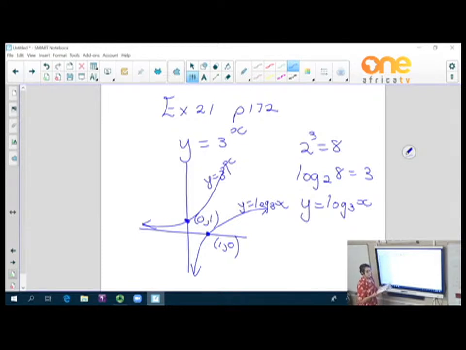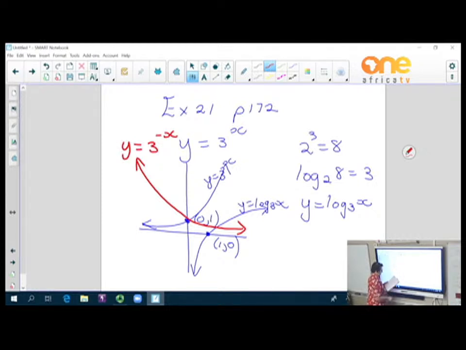Now, on page 172, you also have graphs with log base 3, and then the reflection of that one again. We can just look at that. So if we have the reflection in the y-axis, it will look like this, which will be y is equal to 3 to the power of negative x.